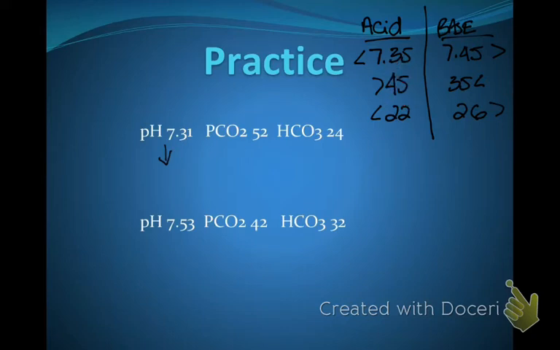Acidotic state. The PCO2 is 52, so again, it's acidotic. The bicarb is not affected, it's kind of in the middle. So if we know that CO2 is related to respiratory and the pH is low, we've got a respiratory acidosis.